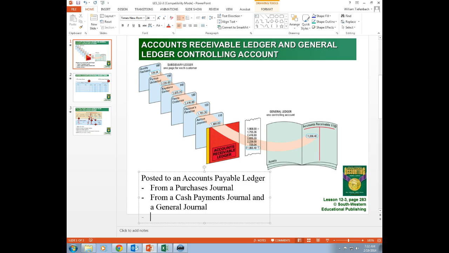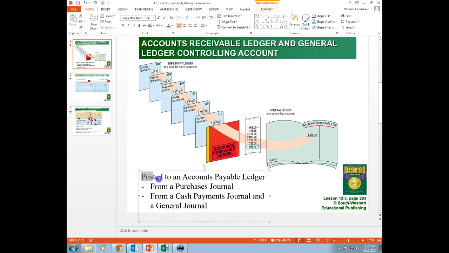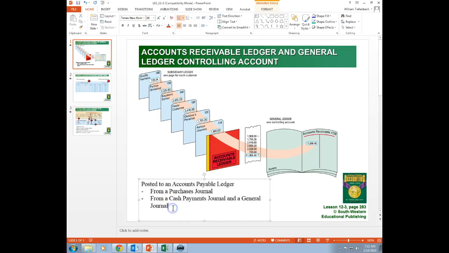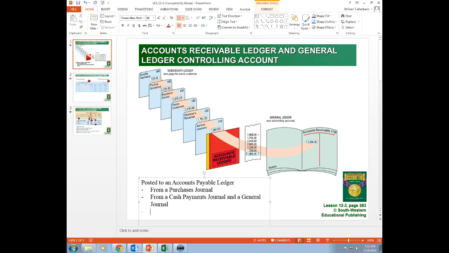So in 12-3, I'm going to shrink this down just a little bit. We're actually going to take entries from the sales journal, and we're going to post them to accounts receivable.